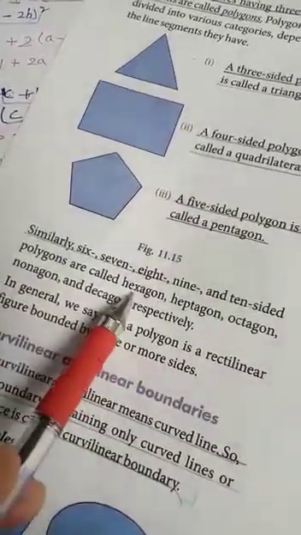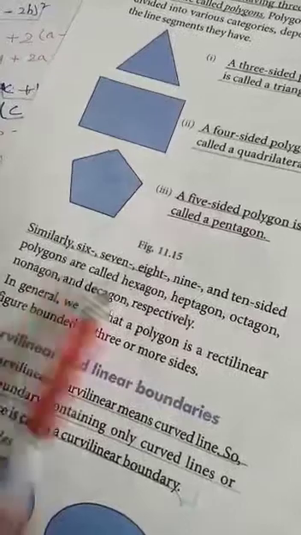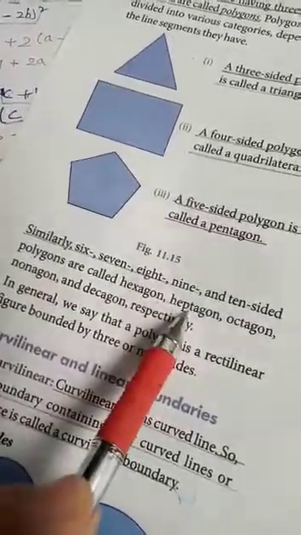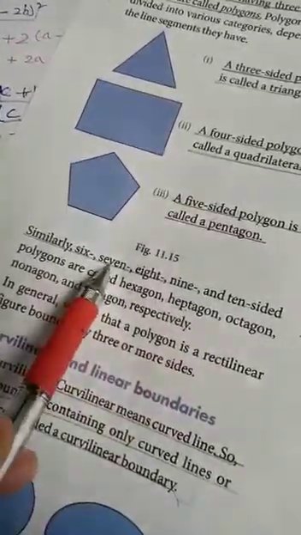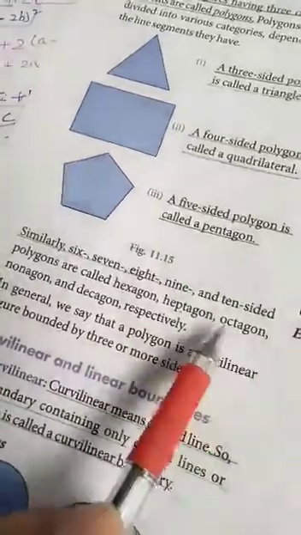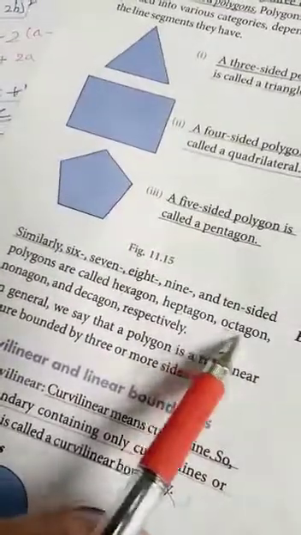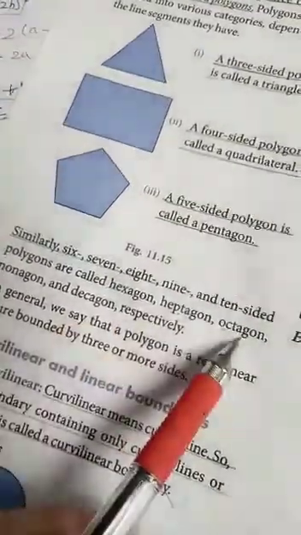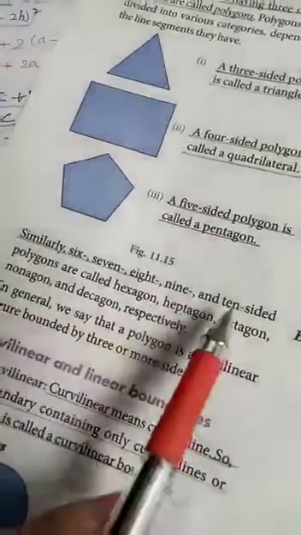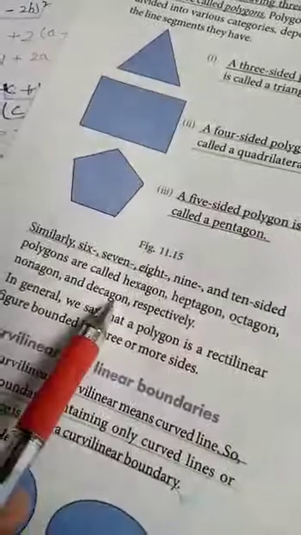Okay, if they have six sides, we call hexagon. Hex means 6. If they have 7, we call heptagon. Hept means 7. Octagon. Oct means 8, like octopus, October. So if they have 8, we call octagon. If they have 9, we call nonagon. If we have 10, we call decagon.